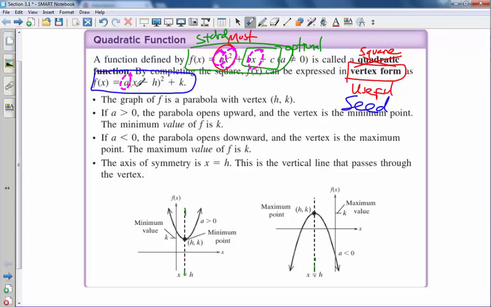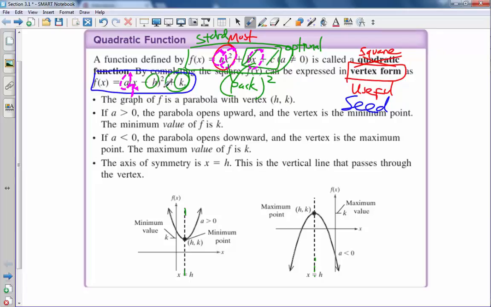They are combined into a single one here under a square together with a number. So these two items are packed under a square with a number associated to x. And there's another number on the very end after that. So B and C are gone.